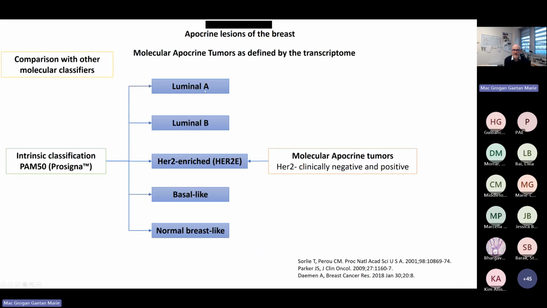Now, how does this transcriptomic class of molecular apocrine tumors compare to the other current molecular classifiers? Well, if you compare it to the intrinsic classification of Sorlie and Perou and the PAM50 signature, our molecular apocrine tumors, either HER2 negative or HER2 positive, all belong to the HER2 enriched class of the intrinsic classification.